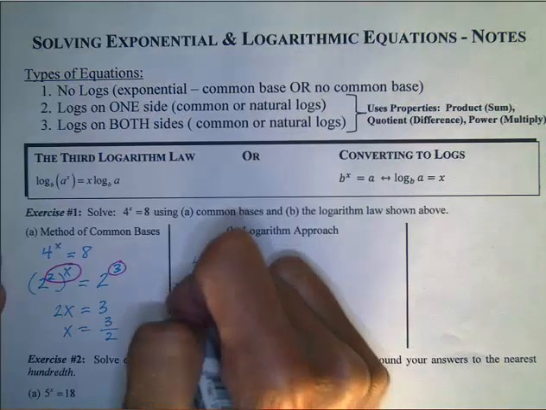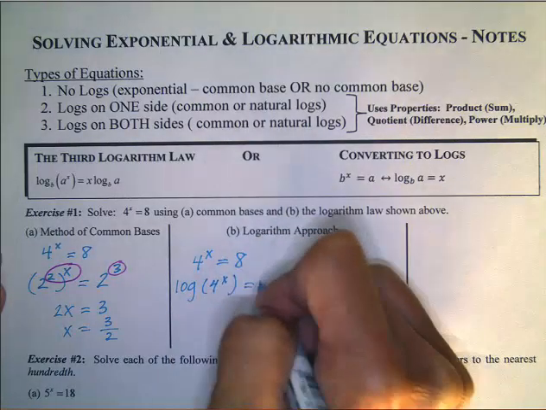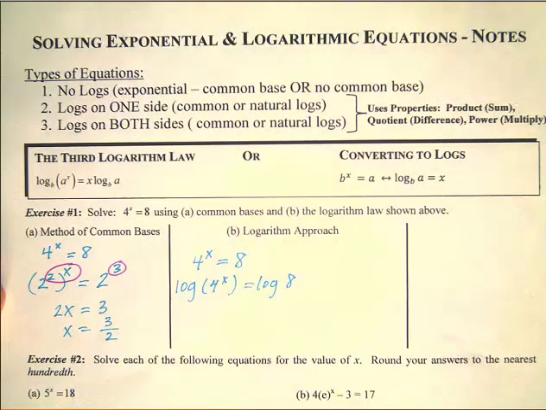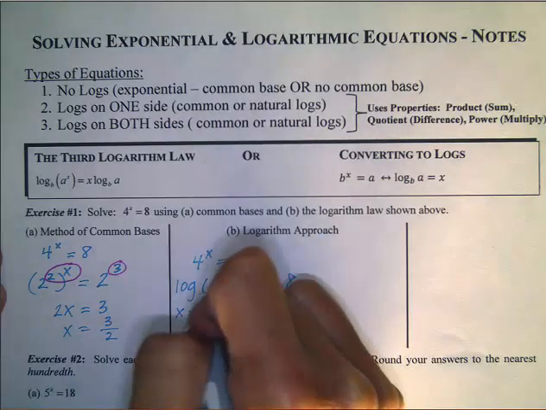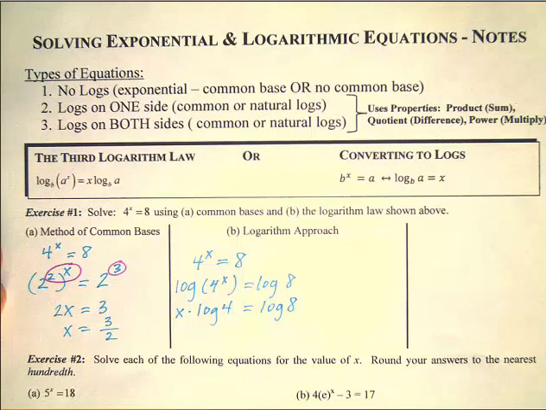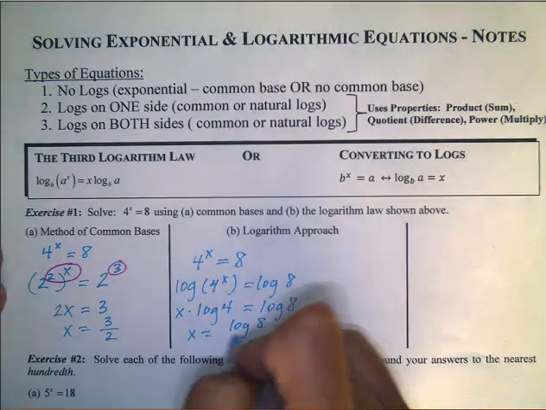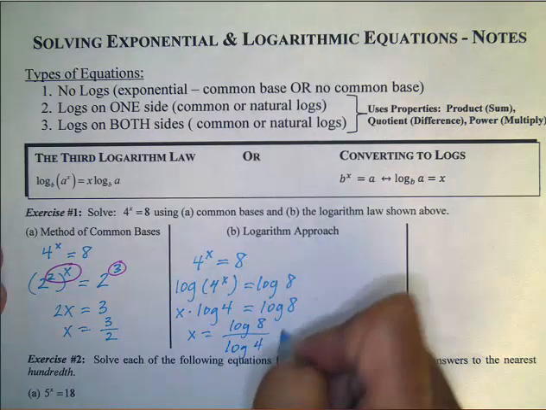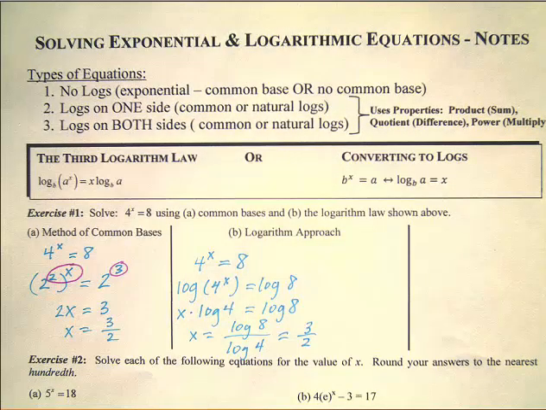So we could log this side and log this side. Well, using the third log law, this x ends up in front. So it becomes x times log of 4 equals log of 8. Then we can just get x alone by dividing by log of 4. So log of 8 divided by log of 4. And if we put that into our calculator, we get 3/2 or 1.5.